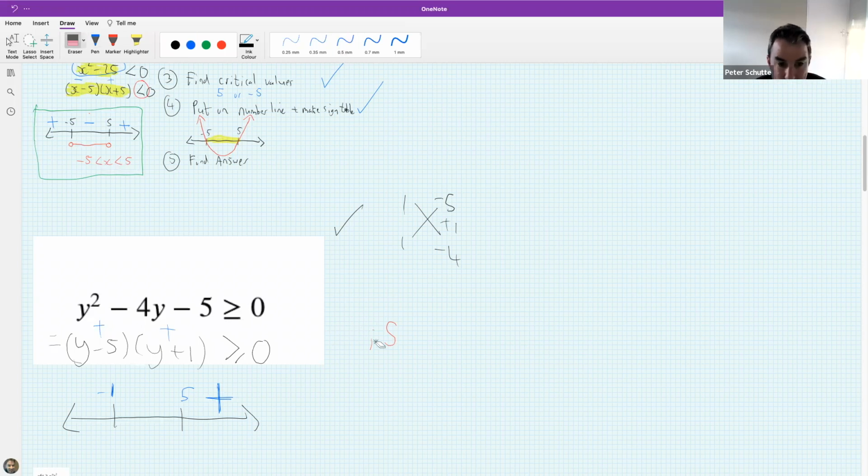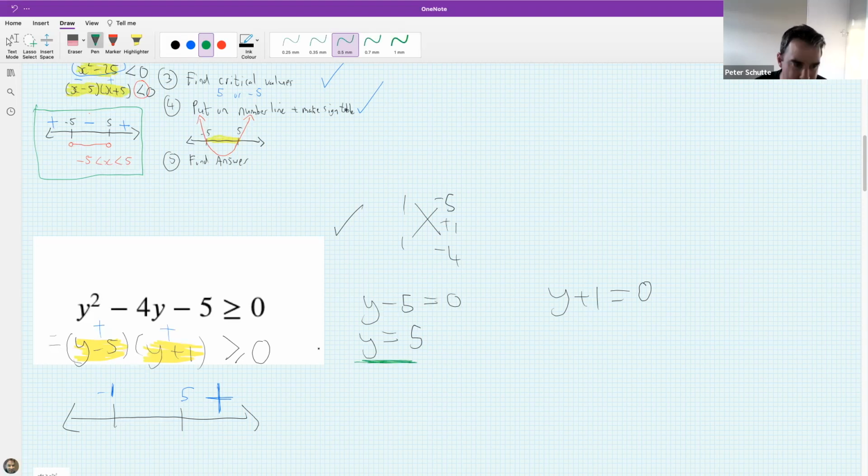Okay, so let me show you where I got the 1 from, because I think it's a good question. Can you see my y minus 5 over here and my y plus 1? Now, in order to get my critical values, I almost want to know when this bracket is equal to 0 or when this bracket is equal to 0. y is equal to 5 is the critical value that comes from this bracket over here.